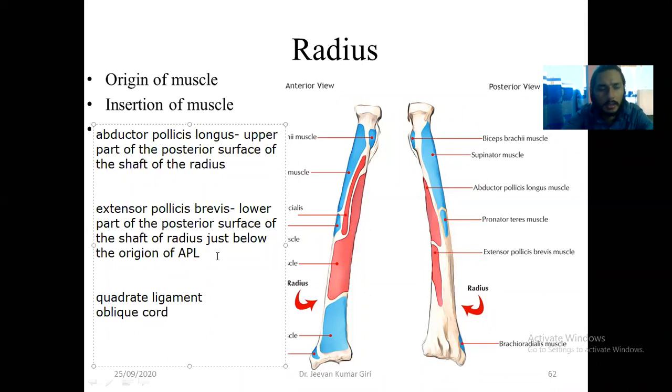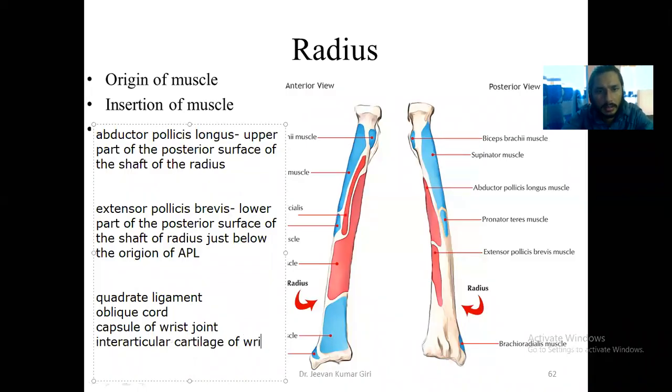Then you will find the capsule and the intra-articular cartilage of the wrist joint. So these things you will find here.